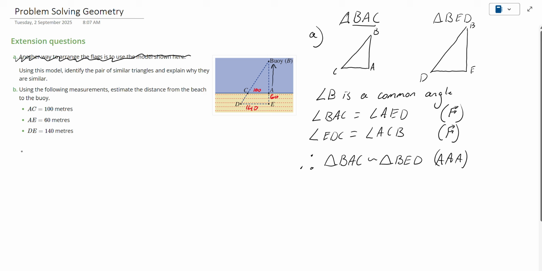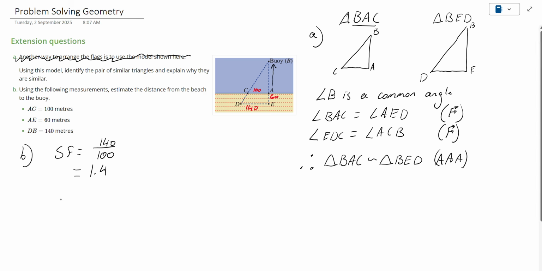The first step for B is to work out the scale factor. The scale factor for this one is going to be equal to 140 over 100, which you should be able to do in your head, is equal to 1.4. Then we know that the corresponding side of AE is BA.